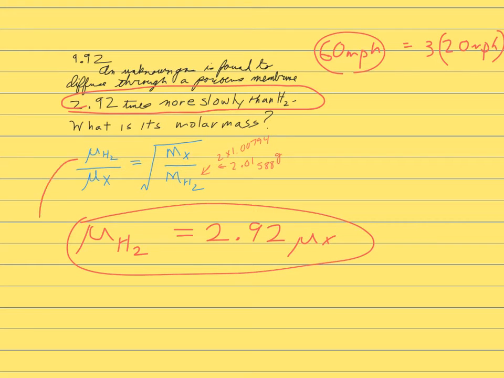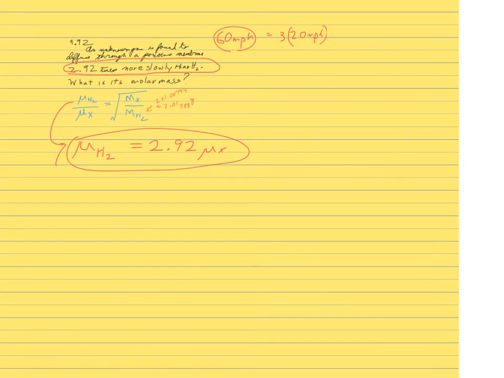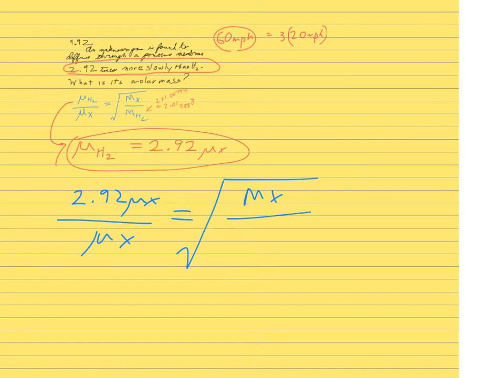And what we're going to do is substitution. So we're going to wind up with a new setup for our formula that's going to look a lot like this, where we have 2.92 times the speed of gas X divided by the speed of gas X equals the square root of the molar mass of gas X divided by 2.01588 grams.